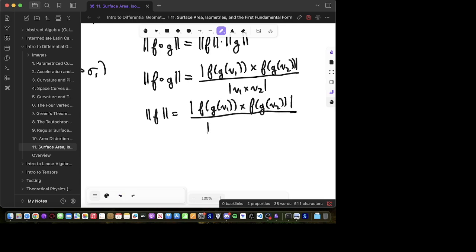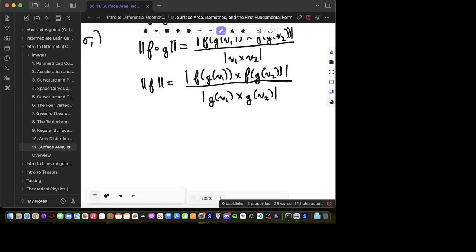Then the denominator has to be g of v1 times g of v2 by the definition of area distortion. Furthermore, if we have vectors v1 and v2, then the area distortion of g is going to be g of v1 times g of v2 over v1 times v2.